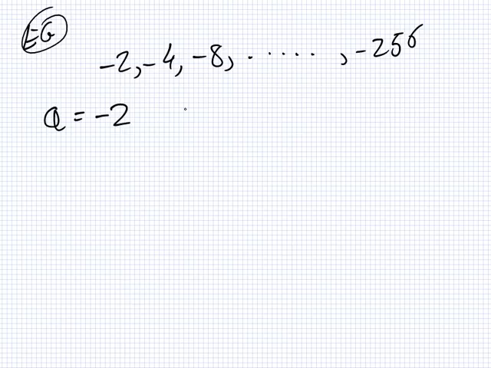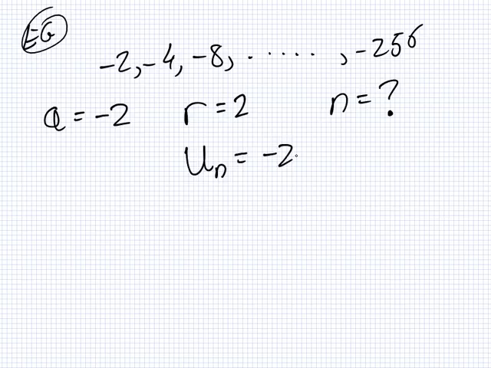Minus 2. And the R? And the n? The way to find the n is the same as what we did in the last class. What was the trick here? This is how we can find the n, just like in the last class.